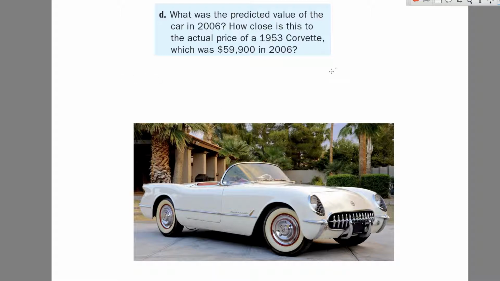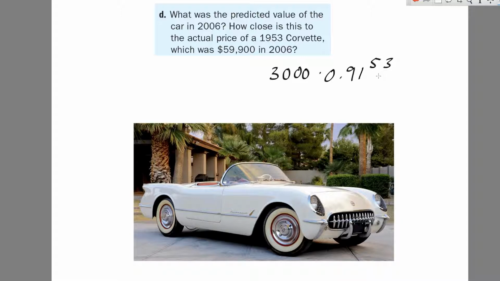Using our depreciation equation, we would have predicted 3,000 times, not plus, times 0.91 raised to the 53rd power, so it's 53 years later.